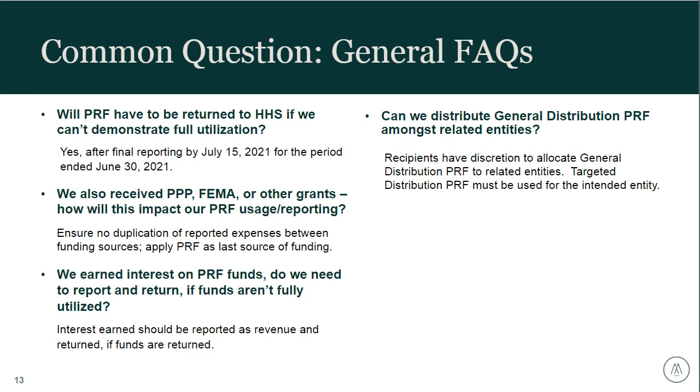So the current guidance is that all other funding sources need to be considered and applied before we look to provider relief funds. There are some really interesting strategy components as far as how we're going to attach which expenditures to which funding source. But we have to fully utilize those other sources first before we apply provider relief funds. So that's something to keep in mind.